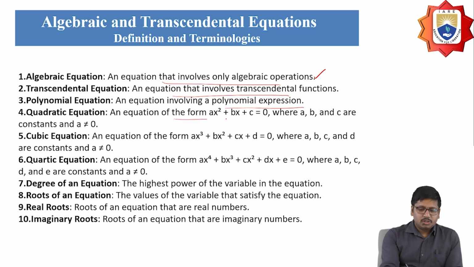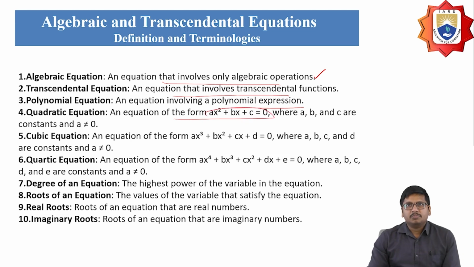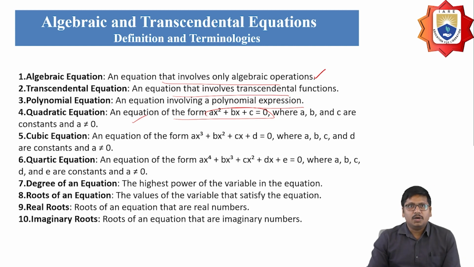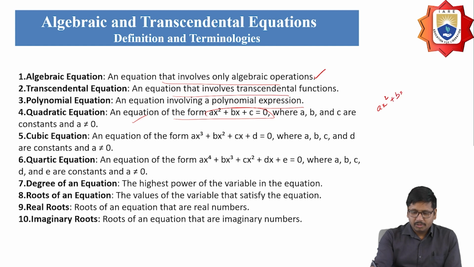The equation which is of the form ax squared plus bx plus c equal to 0, where a, b, c are constants and a not equal to 0, is what we call a quadratic equation. Here x is the independent variable.